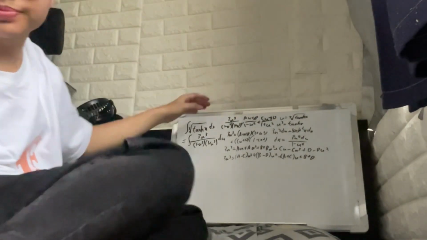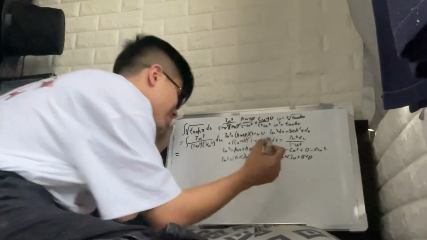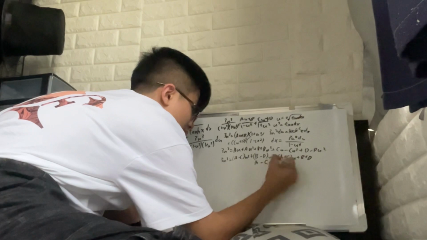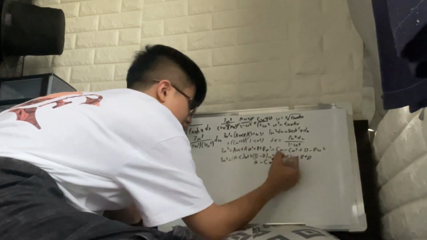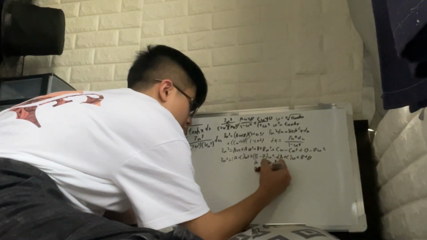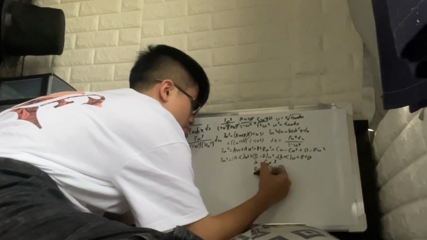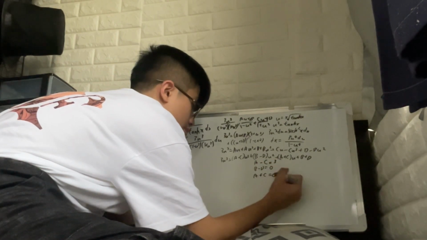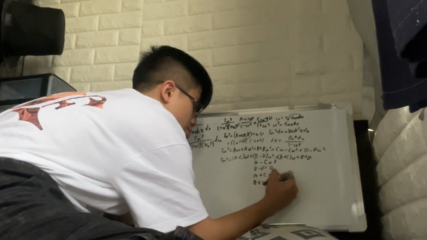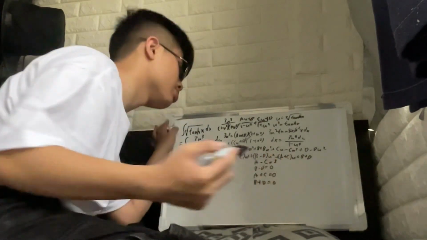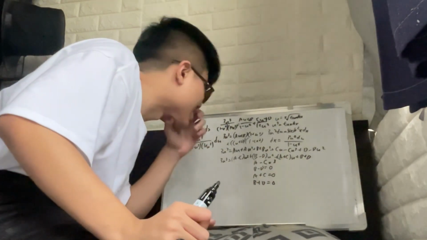Combining both sides, a minus c is equal to 3, b minus d is equal to 0, another one is a plus c equal to 0, right? b plus d is equal to 0, like that.